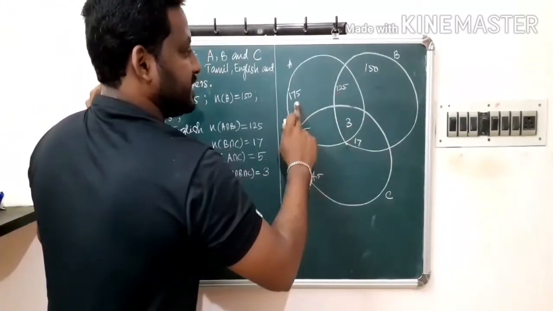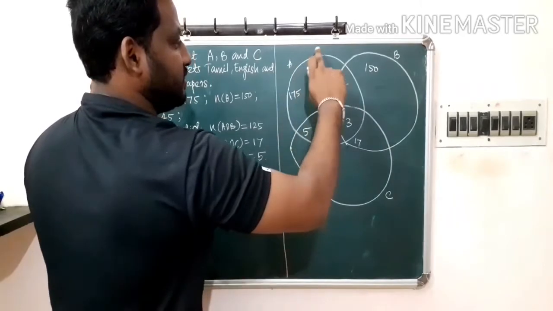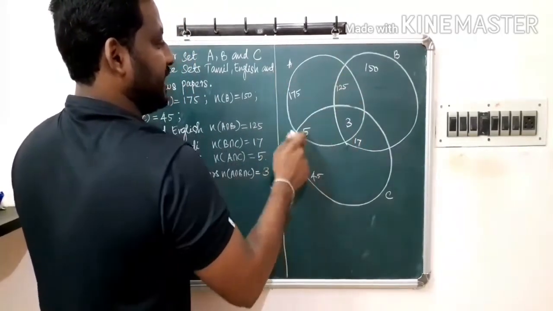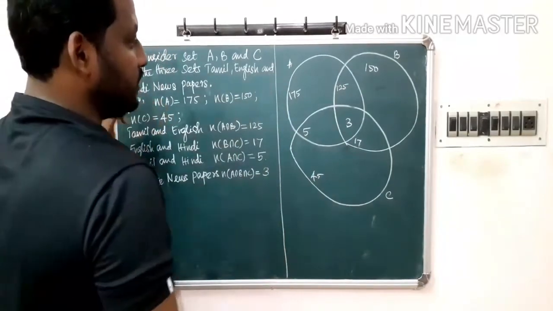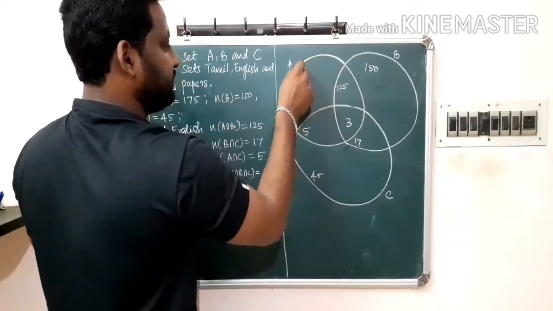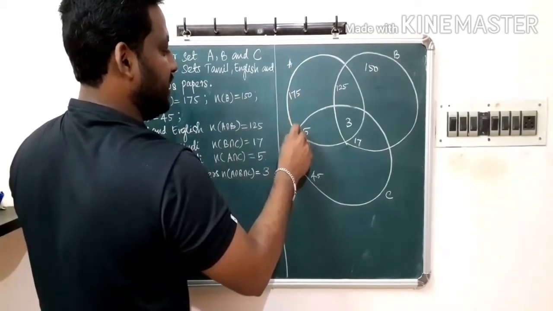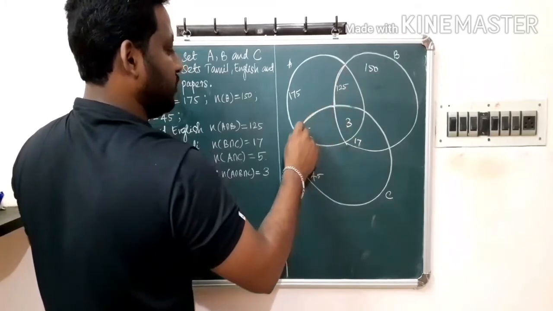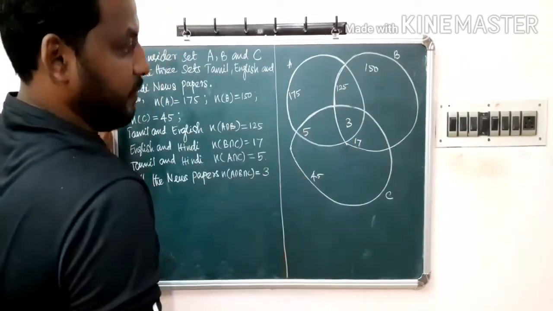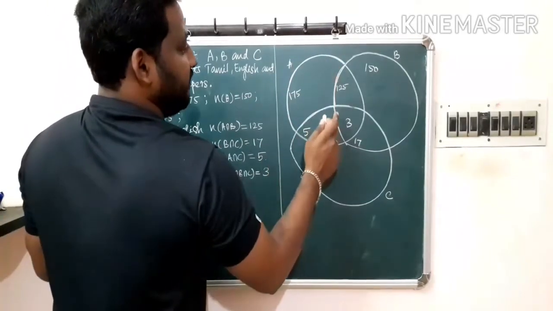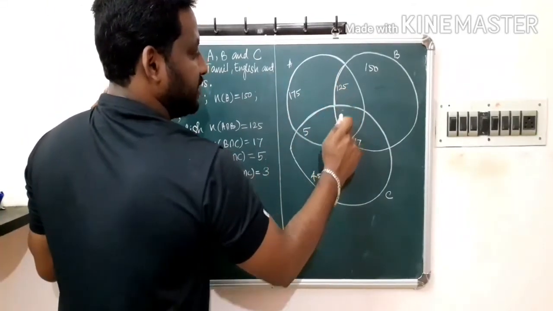So 175 families, that means those who are getting the Tamil newspaper, the whole set, is 175. We have to find out this part alone, that means only Tamil newspaper, those who are getting only Tamil newspaper. The whole part is 175, and for this part alone we have to subtract these 3 values.